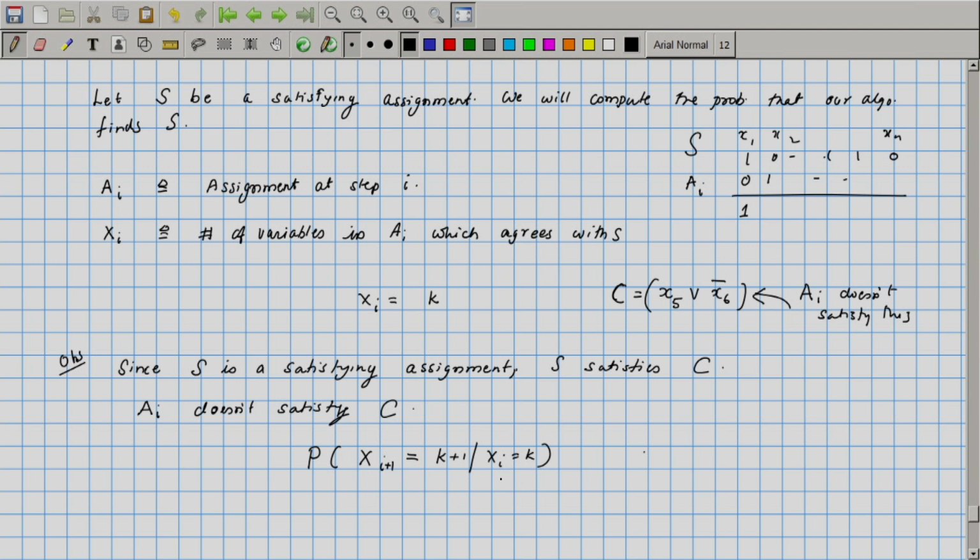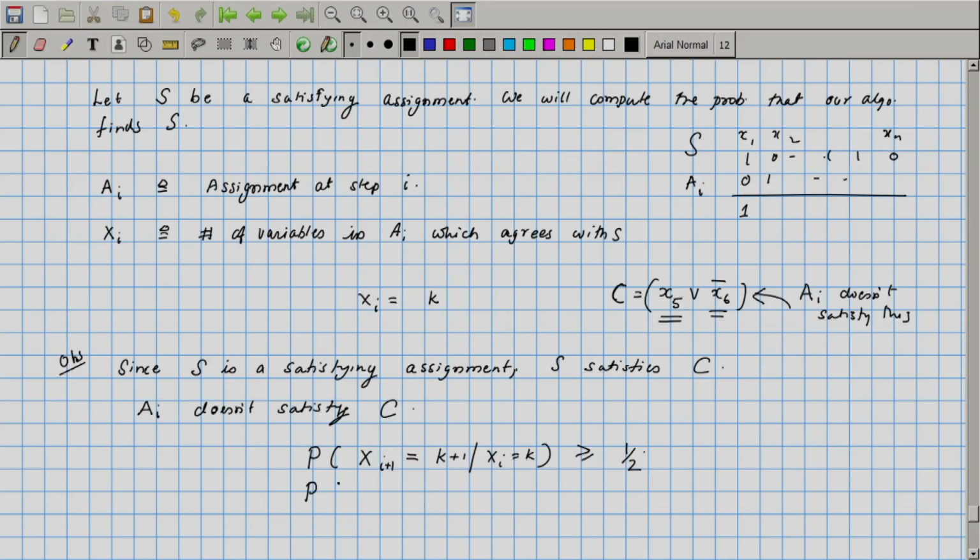Since we had taken an unsatisfied clause and flipped one of the variables in that clause, one of these surely does not agree with S. It could be the case that both of them do not agree with S, but at least one of them does not agree with S. So, if we choose that randomly, we have at least half probability that in the resulting new assignment, the number of variables that agree with S is one more than whatever it was in the previous assignment.